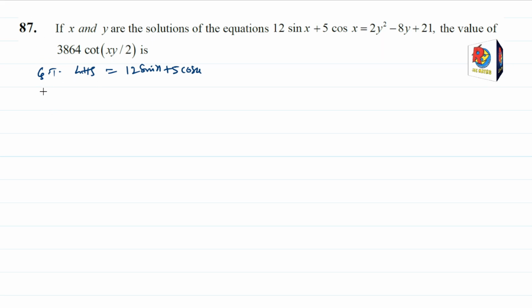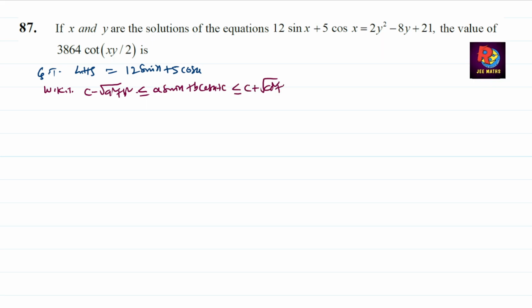Using this property, we know that c minus root over a square plus b square is less than or equals to a sin x plus b cos x plus c is less than or equals to c plus root over a square plus b square. So using this property, for the LHS, c value is 0, root 169 means 13 only. Minus 13 less than or equals to 12 sin x plus 5 cos x is less than or equals to 13.